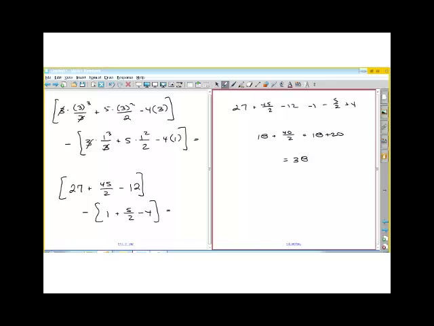So that'll be one way. The other way is, you could combine these two. So you'd get 39 plus 45 halves minus negative 3 plus 5 halves.